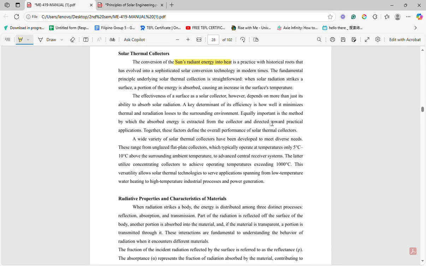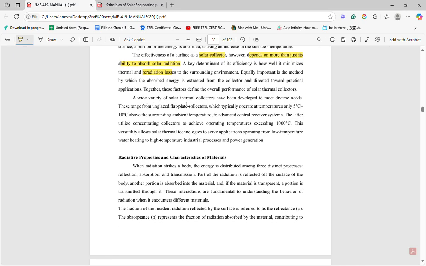The effectiveness of a surface as a solar collector, however, depends on more than just its ability to absorb solar radiation. A key determinant of its efficiency is how well it minimizes thermal and radiation losses to the surrounding environment.